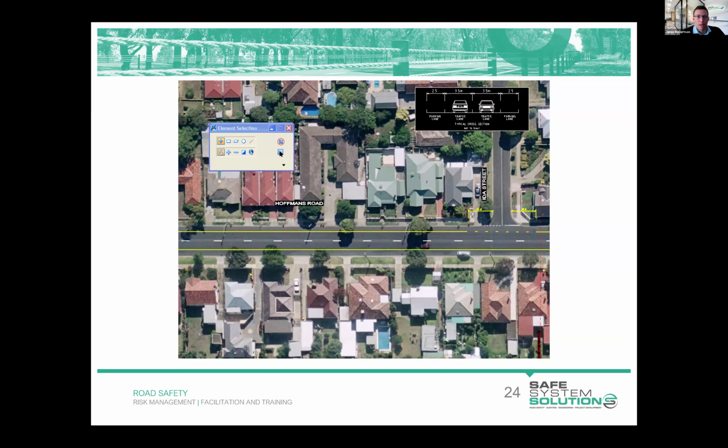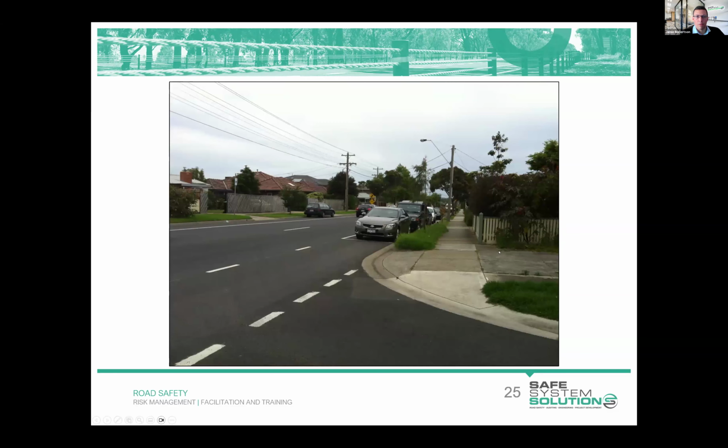An attempt was made to deter that behaviour by formalising parking lanes, and those parking lanes extended right up to 10 metres short of any side roads as per standards. That had a benefit in terms of managing the traffic flow and behaviour on the road, but it did lead to some unforeseen consequences around the intersections.